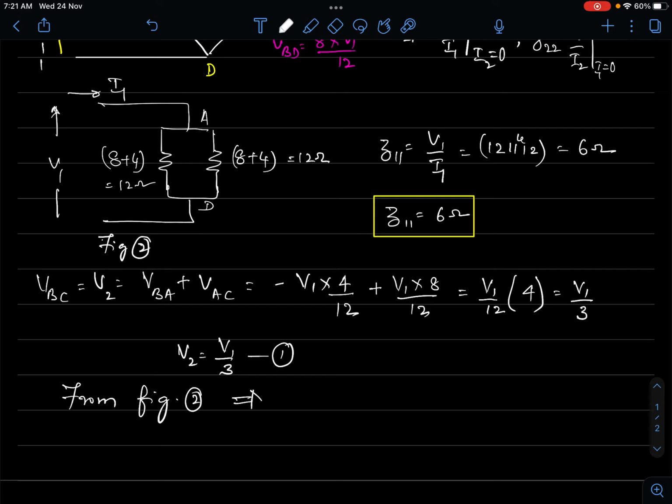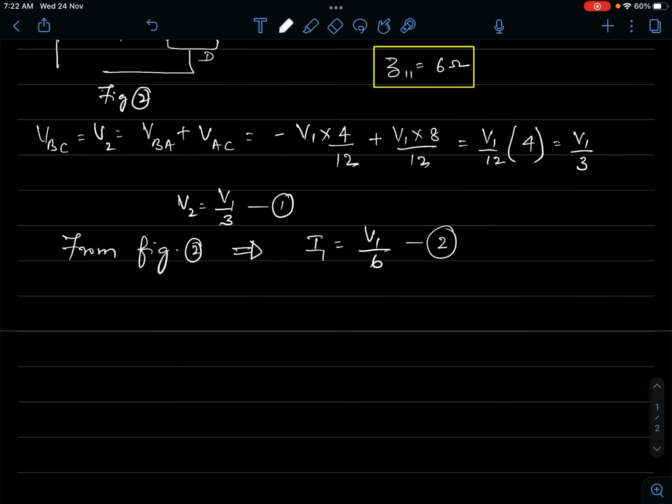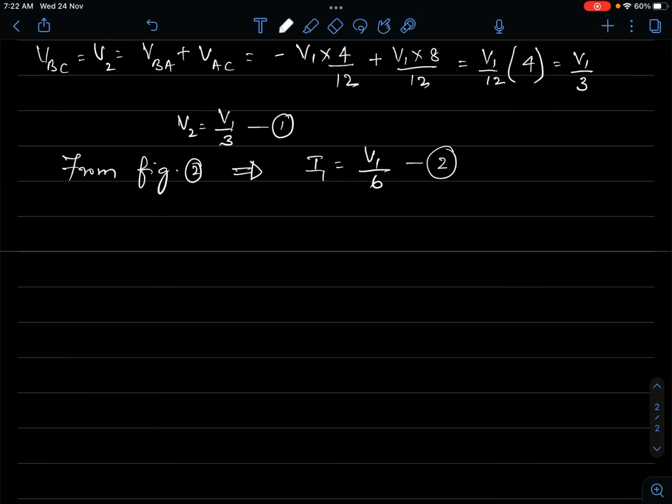From figure 2, from circuit 2, I'll get I1 as equal to V1 divided by 6, right? So the current I1 equals the total voltage divided by the equivalent resistance. Equivalent resistance of 12 and 12 is 6, right? This is my equation 2. I will divide 1 by 2.